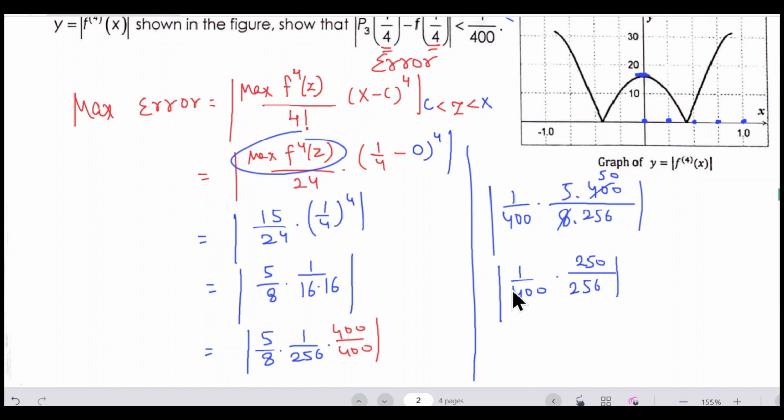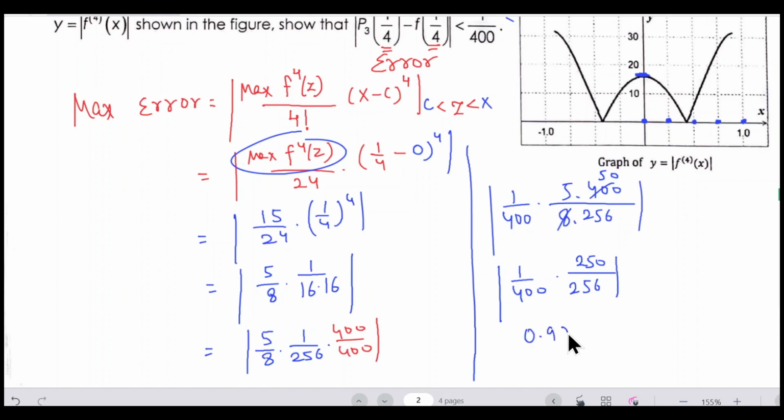Now this makes perfect sense, because if the maximum error is this, don't you think this number is less than 1? So this number is already less than 1 over 400. I'm not sure if that makes sense. I can help you with the numbers if you want using a calculator so that you understand. 250 over 256 is 0.97.